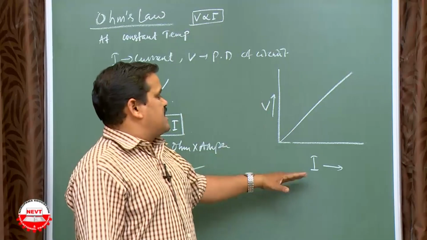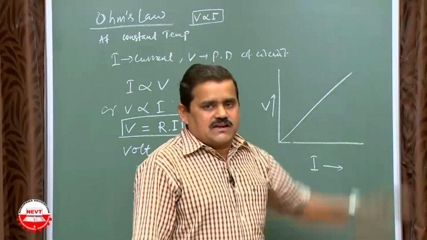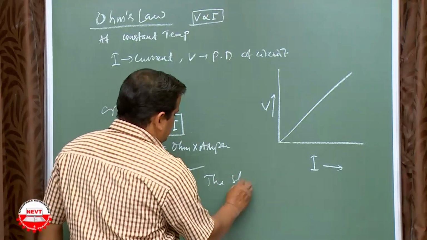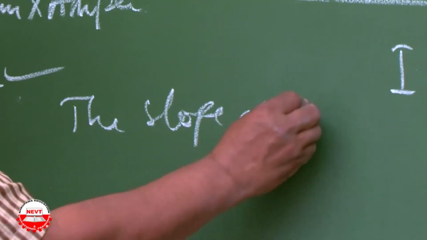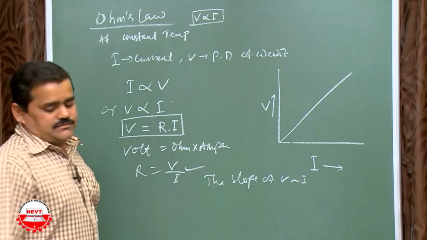As V is proportional to I, the V versus I graph is a straight line. What does the slope of the V versus I graph produce?